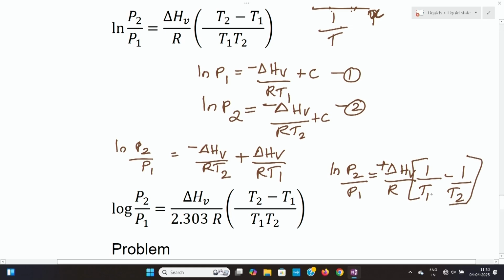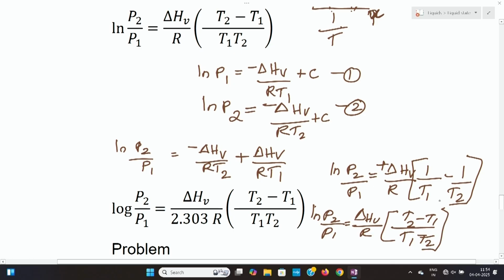So the equation will be like this: ln P2 by P1 is equal to delta HV by R into 1 by T1 minus 1 by T2. So if we take T1 and T2 as the denominator, then the equation becomes ln P2 by P1 is equal to delta HV by R into T2 minus T1 divided by T1 T2.